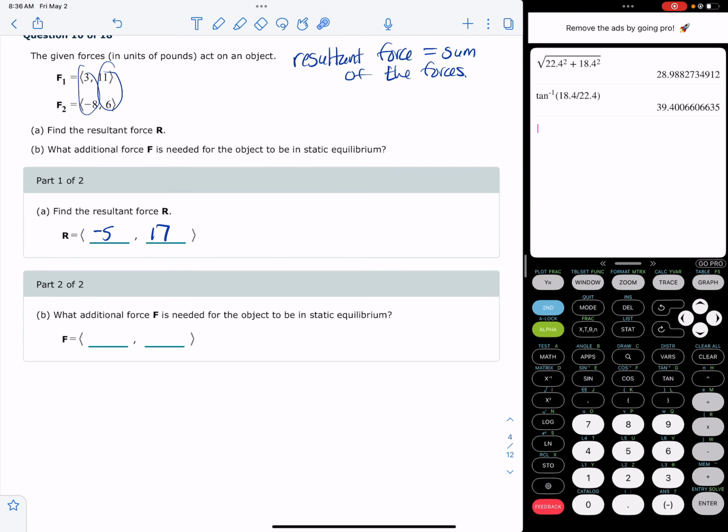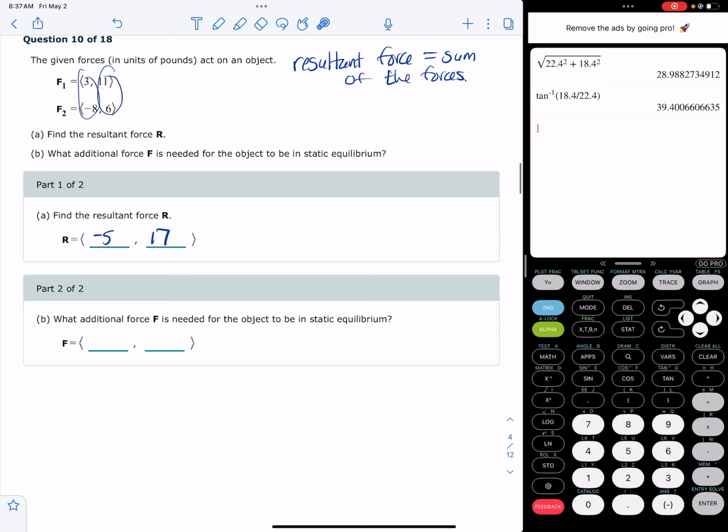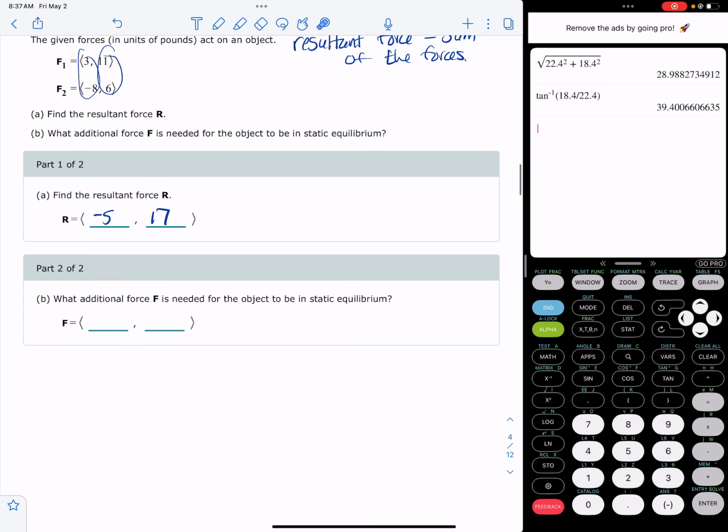Now, to be in static equilibrium, that means we would want our resultant force, or the sum of the vectors, to be the 0 vector. So when you're asked to find the additional force to create this, it's just the opposite of each of the components. So this would be 5, and this would be -17.